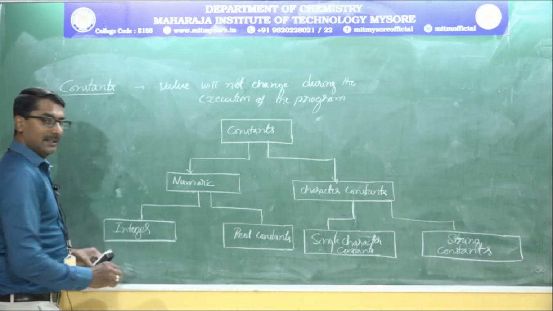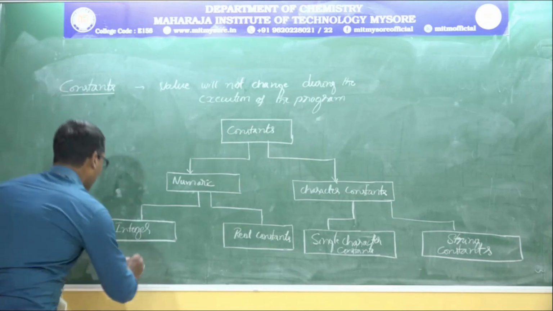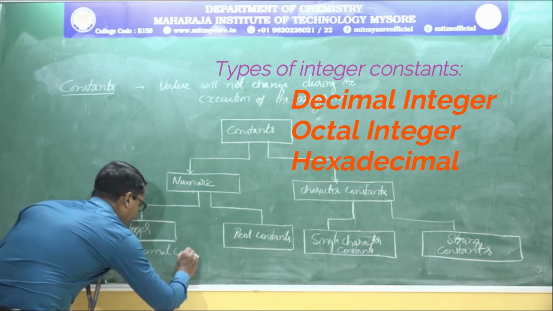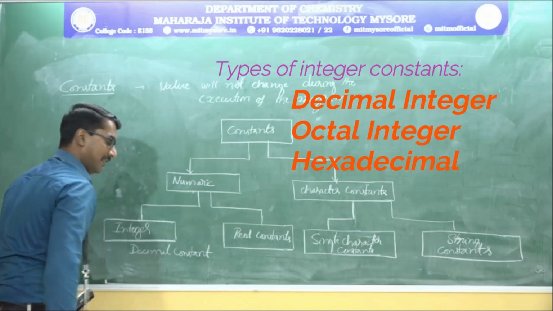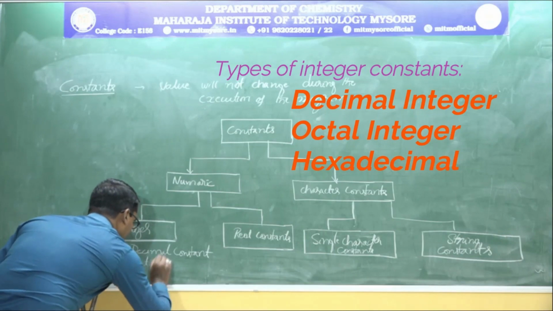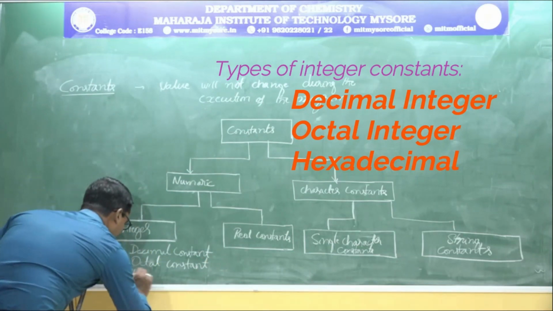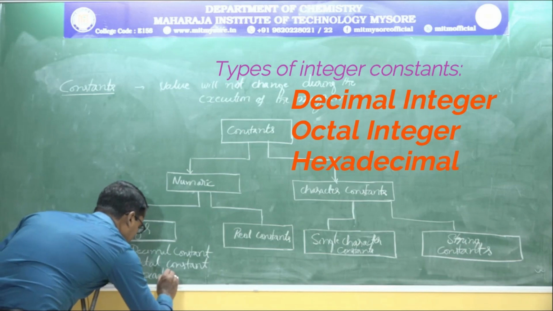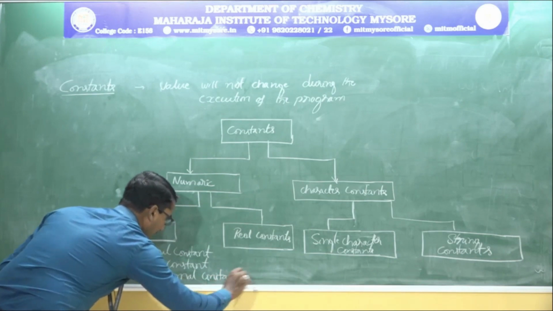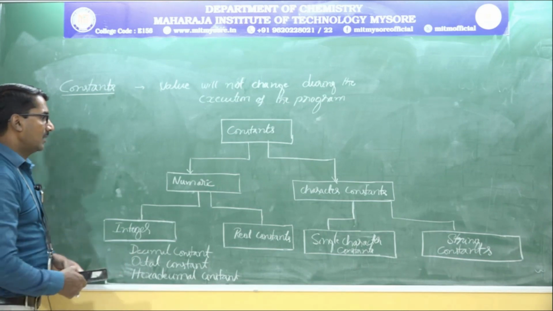The integer constant is again classified into three types: decimal constant, octal constant and hexadecimal constant.